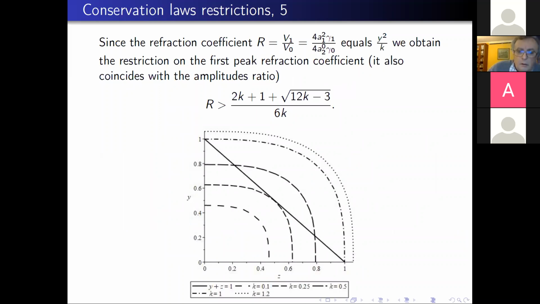If k is small, then the admissible domain is a domain between this low curve and the straight line.